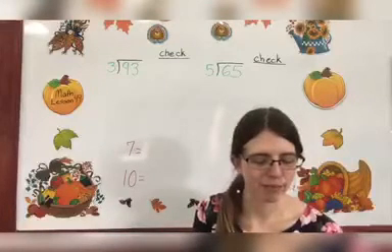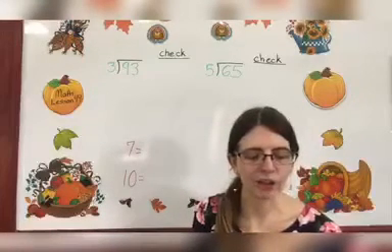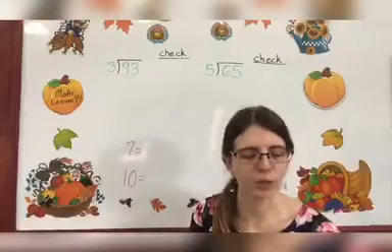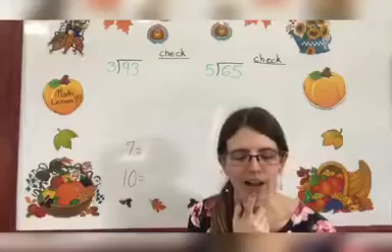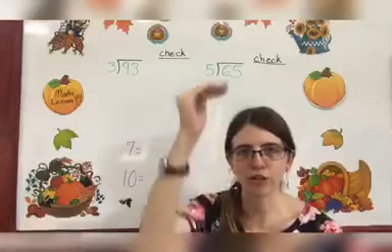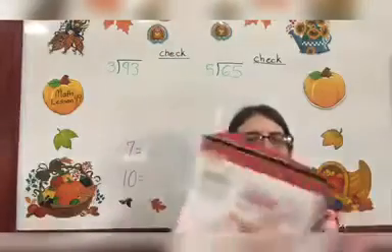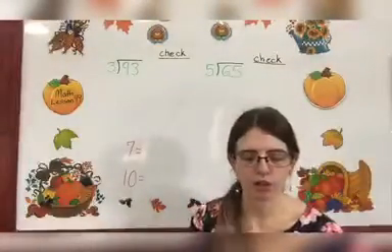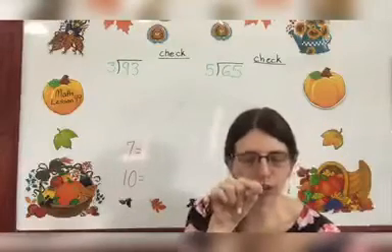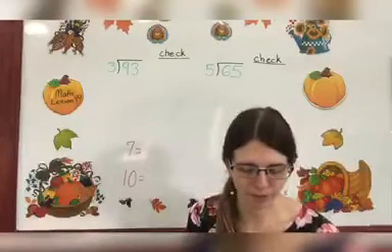Letter B, which month had the lowest temperature? So which month was the coldest? Well, look at your line graph. The temperatures at the top are the highest temperatures, and at the bottom of your graph are the lowest temperatures. So which month has the lowest temperature?